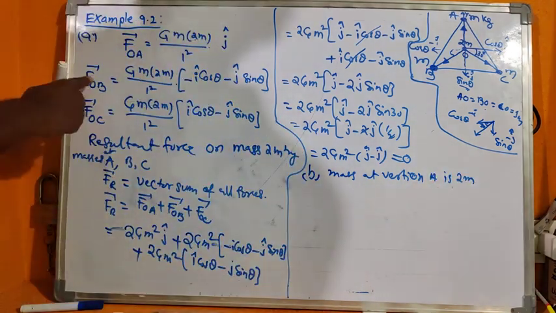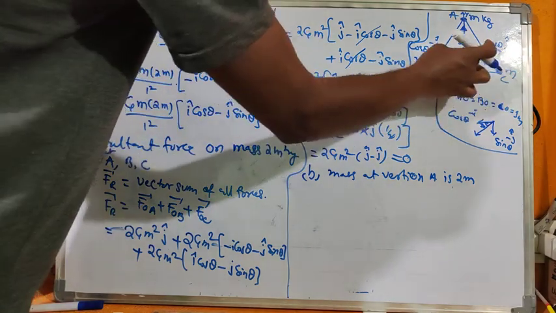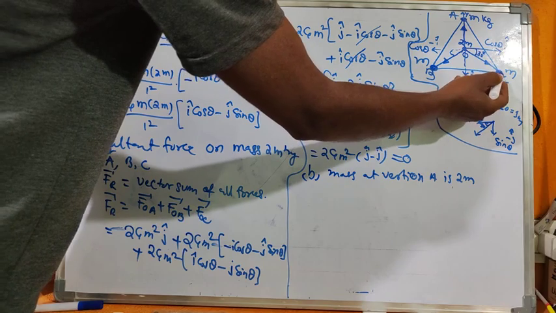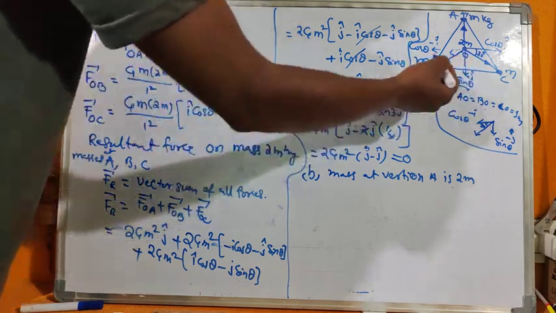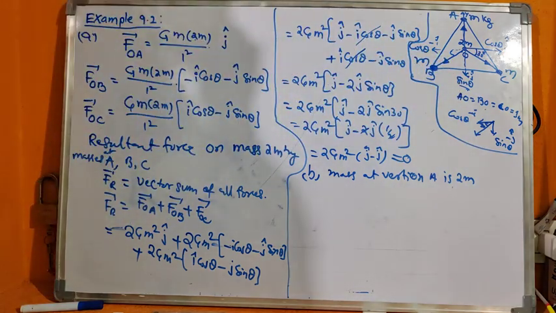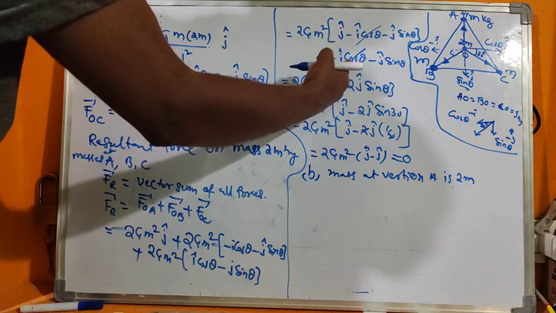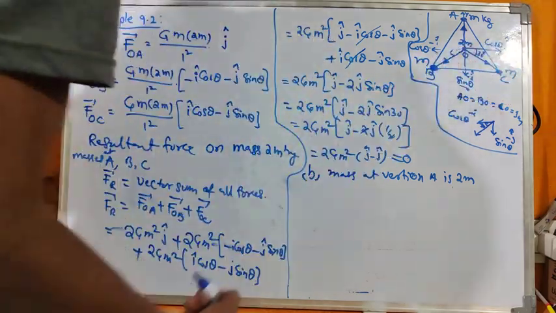In that case only OA changes. The forces by the masses at B and C are not changed. Also we know that i cos theta plus i cos theta, the x components, cancel each other.